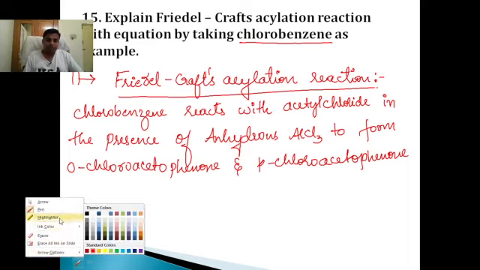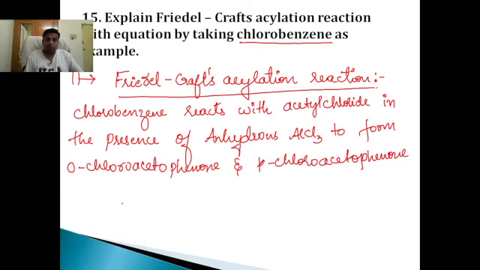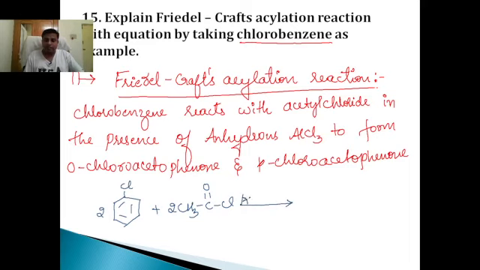Look at the reaction. Chlorobenzene. What is the formula? We know halogen is ortho and para directing. Take 2 molecules of chlorobenzene. Reacts with acetyl chloride, formula CH3C double bond OCl, in the presence of anhydrous aluminum chloride.